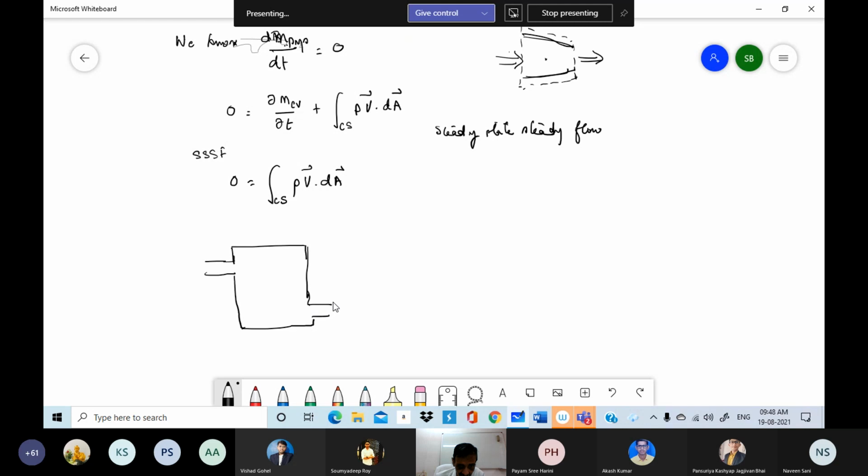let us say whatever machinery I'm dealing with, could be a boiler, could be a turbine, I could represent it schematically in this manner.